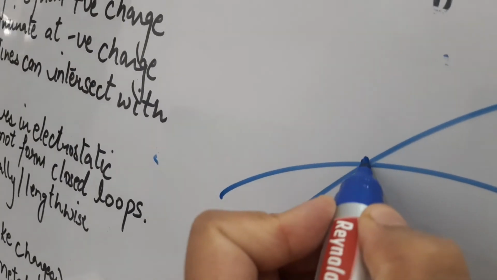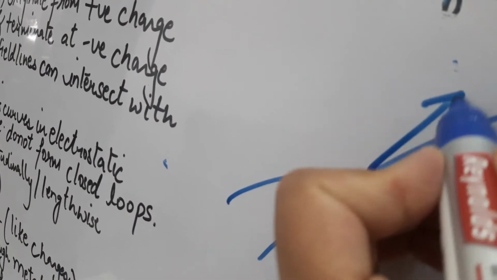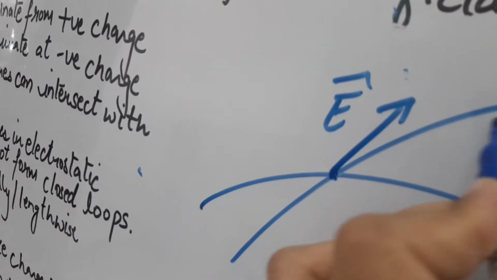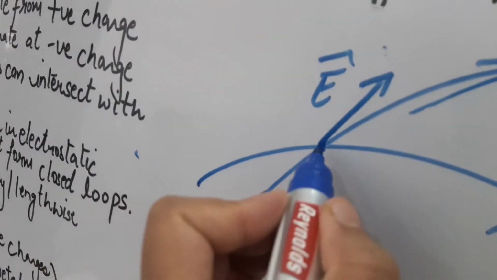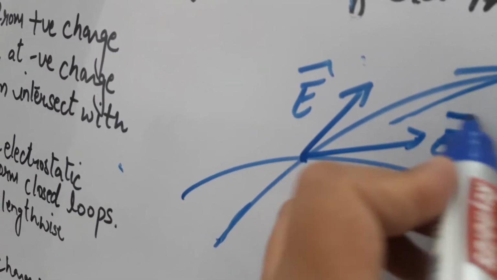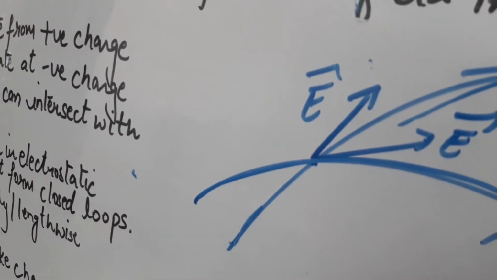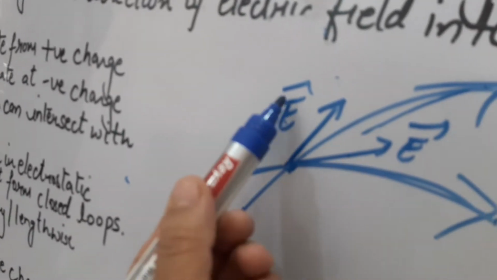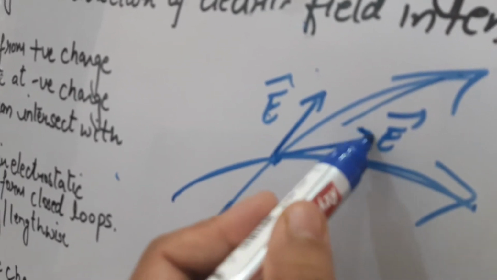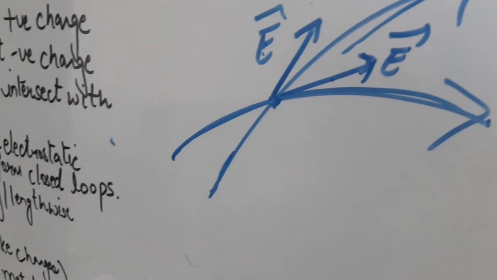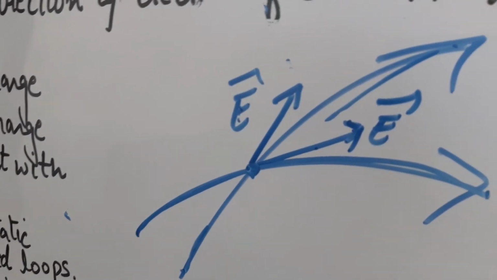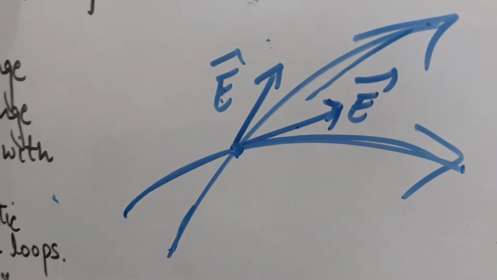So at this point, I can draw two tangents. One is this because of this electric field line, and one will be like this according to this electric field line. Now, the same point is showing two different directions of electric field intensity, which is not possible because electric field intensity is a vector quantity. It cannot have more than one direction, right?